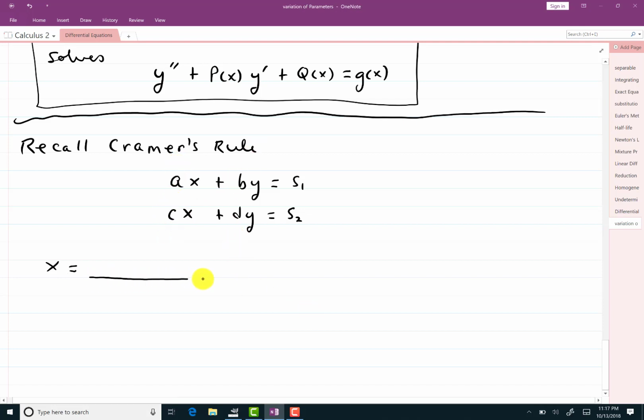And in fact, before I do anything else, you're going to divide by the determinant of a, c, b, d. On the top, you'll put the b, d, but since you're solving for x, you're going to replace the a, c with s1 and s2.